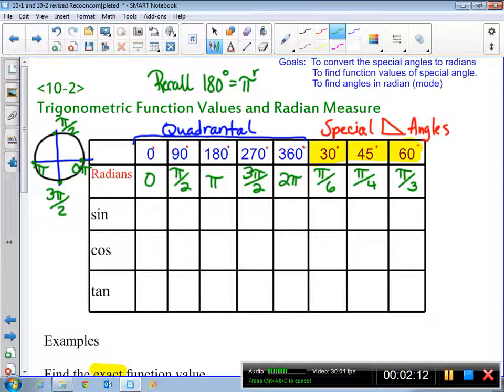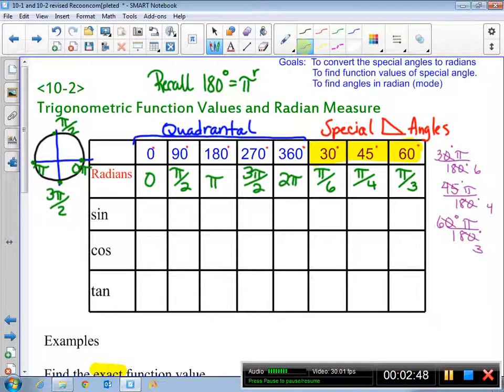I could also, on the side, if you're concerned, we're taking 30 degrees and converting it to radians. So we would do that work. 45 degrees, converting it to radians from yesterday. And then 60 degrees, converting it to radians. We multiply by pi over 180. So then when I reduce each of these, we get our values. Okay? You can try those out on your calculator.